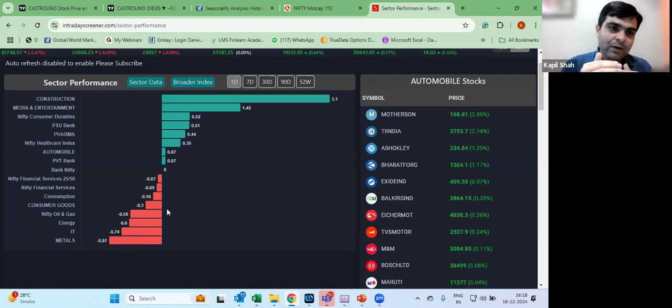So now I can say that these are the outperformers and these are the underperformers. And being a trader, as the underlying tone of the market is positive, I know where I need to be and where I should not be. I want to be within winners like construction, consumer durables and PSU banks, because those particular sectors are doing comparatively well.